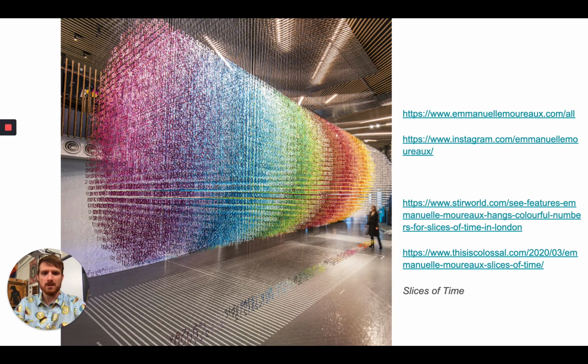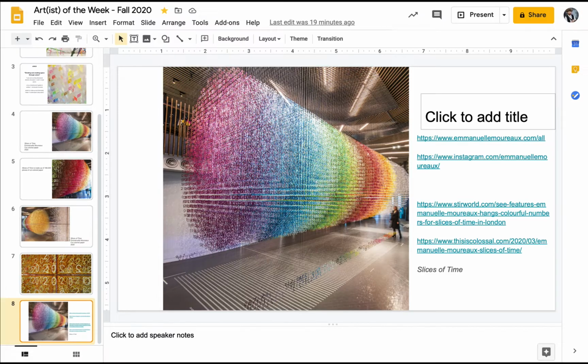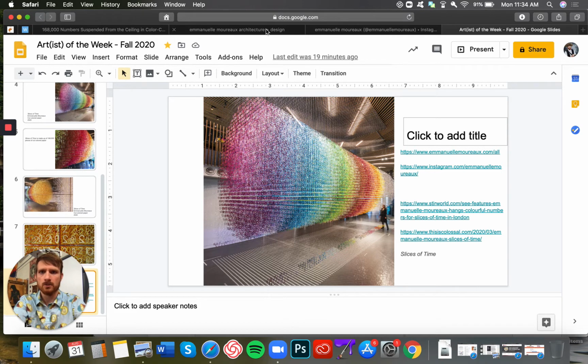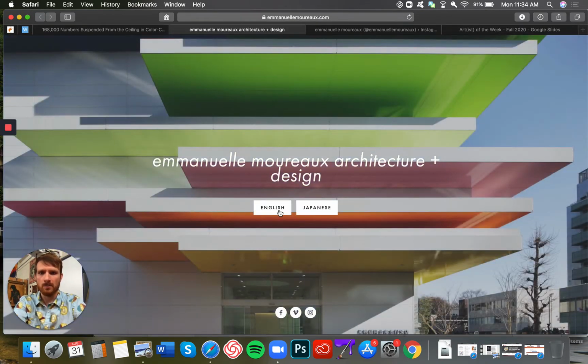I have a bunch of links. I'm going to paste some of these into our assignment. On her website, Emanuellemoureaux.com, you can read it in English or Japanese. She also has some really interesting videos that you can check out through her Vimeo, Facebook, and Instagram.